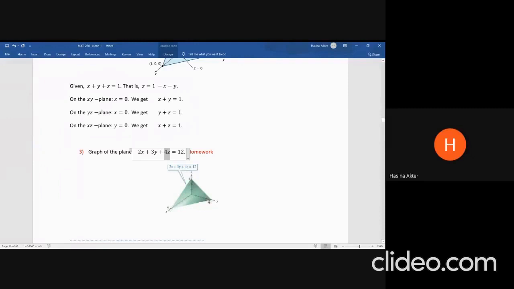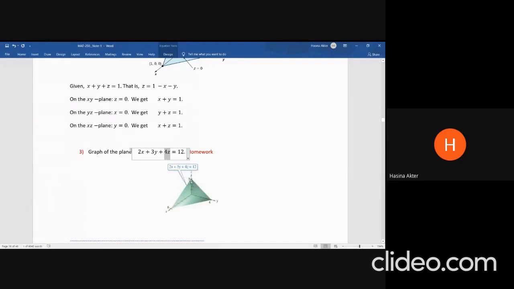Now, this plane does not touch the negative y-axis. But if we extend it and it goes beyond, then it goes to an octant where y may be negative.